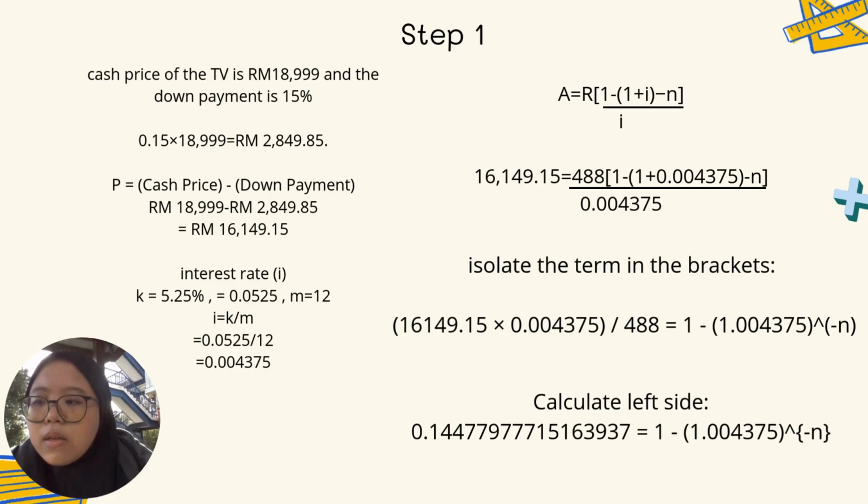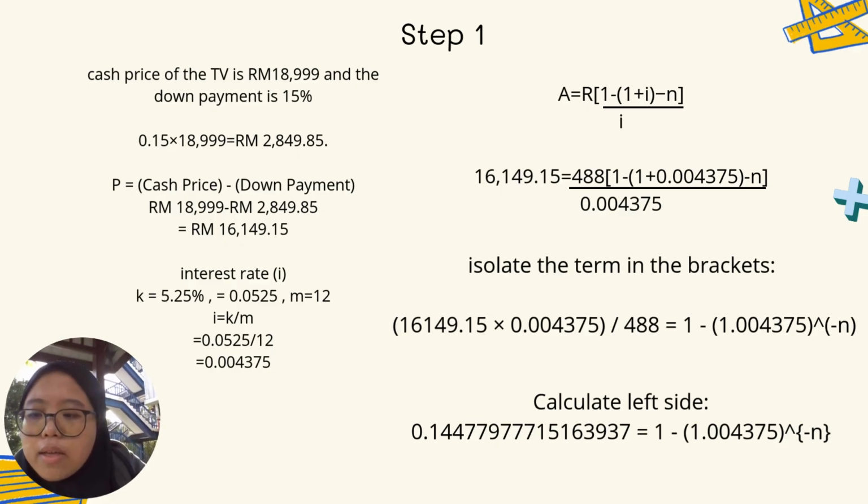Next, the interest rate k is 5.25%, so it becomes 0.0525, and m is 12.